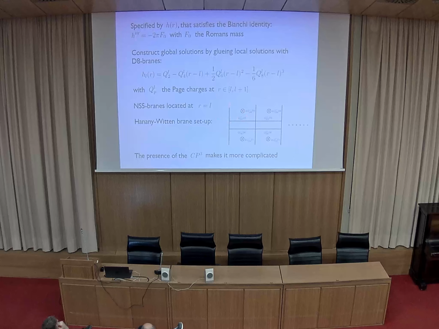And then looking at the fluxes, the D2s and the D6 are going to be stretched between the NS5 branes. We have some orthogonal D4 branes. This is like a skeleton, say, of the Hanany-Witten brane intersection, because here we have a CP3, and this, as you know from the ABJM case, makes it more complicated.